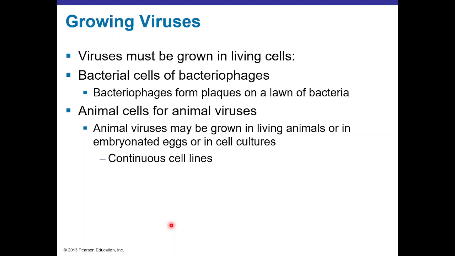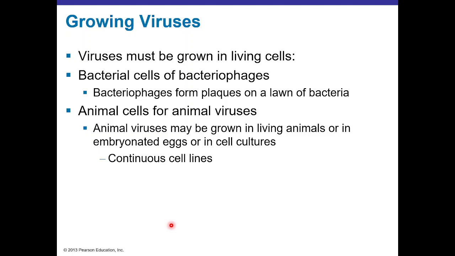And these living cells can be bacterial cells if you want to grow bacteriophages, which are viruses that infect bacteria, or animal cells for animal viruses. Now, when you grow these bacteriophages in the lab, you will form plaques, or gaps, in the growth of the bacteria on the surface of a petri plate.